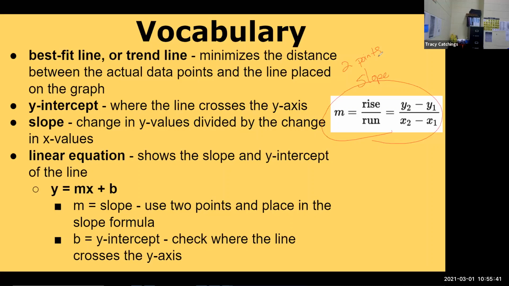It shows us the slope and y-intercept. y equals mx plus b. M is always the slope. B is the y-intercept. So we know equation form, how to find the slope, how to find the y-intercept. We good? Any questions about it? All right, equation y equals mx plus b.